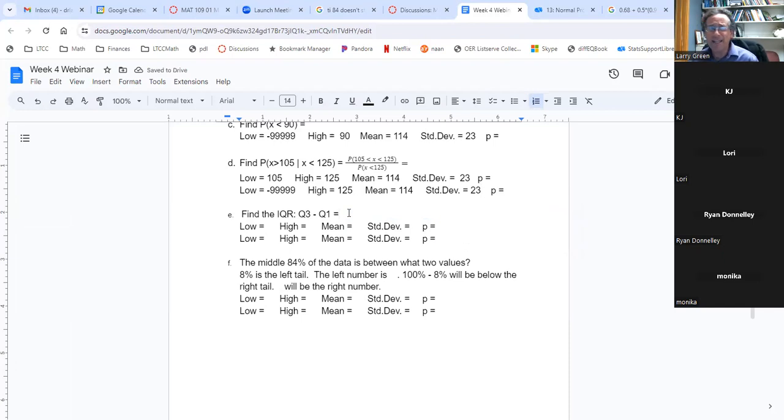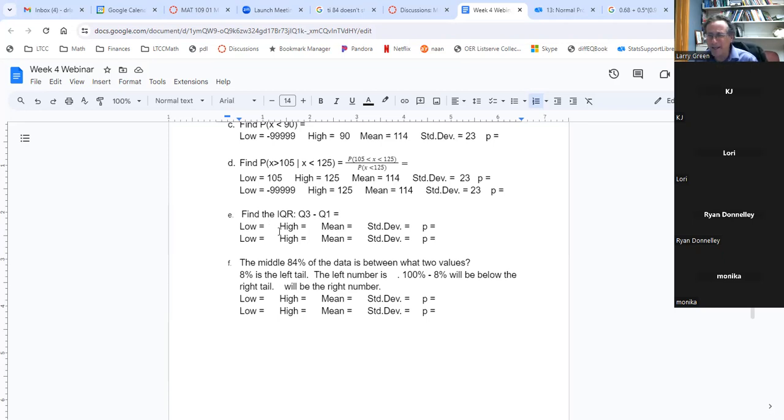So I need to find Q3. If I look at Q3 in the picture, what is the low when we're talking about Q3? Do you remember the definition of Q3? The third quartile? What was the definition of the third quartile? The 75th percentile.